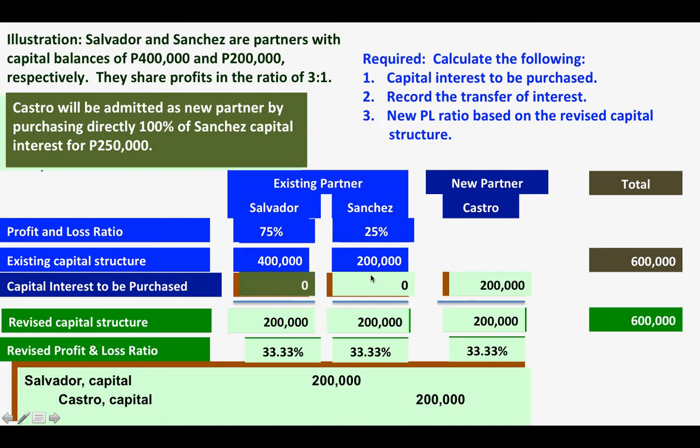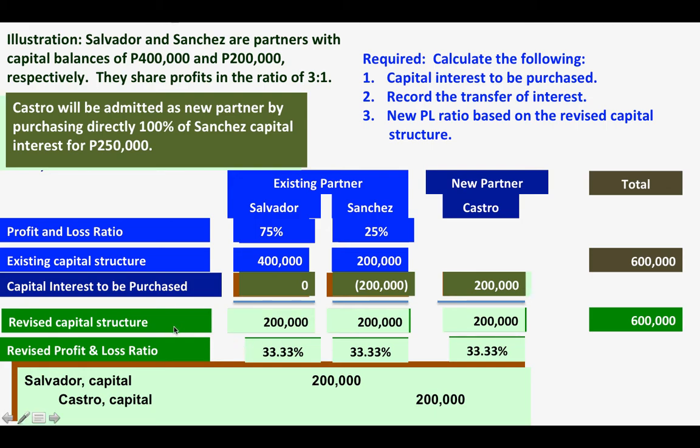Nothing for Salvador, but 100% of Sanchez, which is 200,000. So Castro will be purchasing the 200,000 interest of Sanchez, and Castro will be getting the 200,000. So even though Castro paid Sanchez 250,000, he will still just get the interest that was purchased.